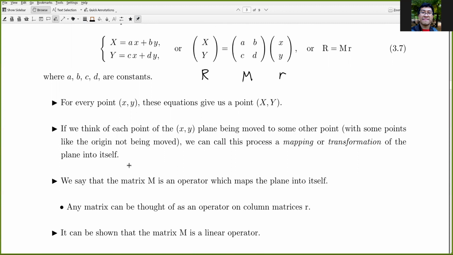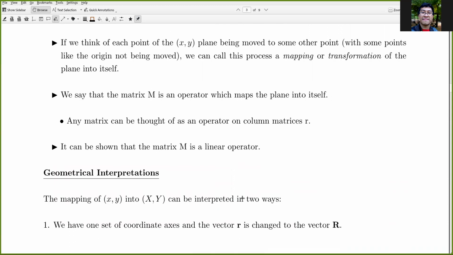We say that the matrix M is an operator which maps the plane into itself.